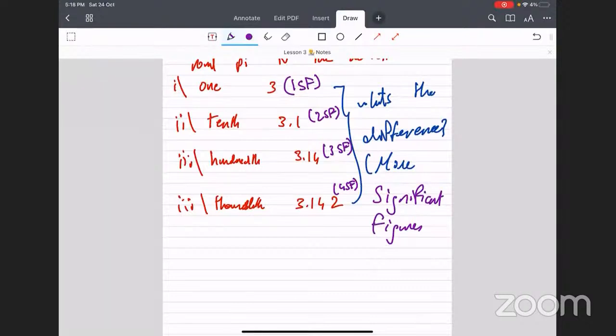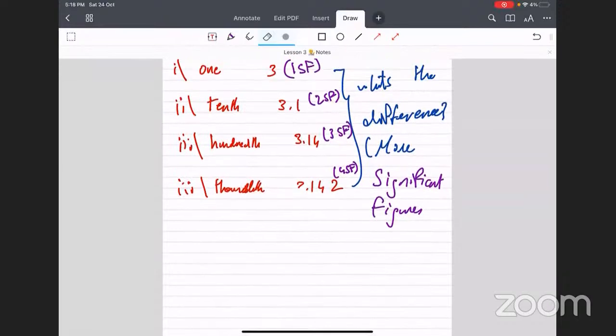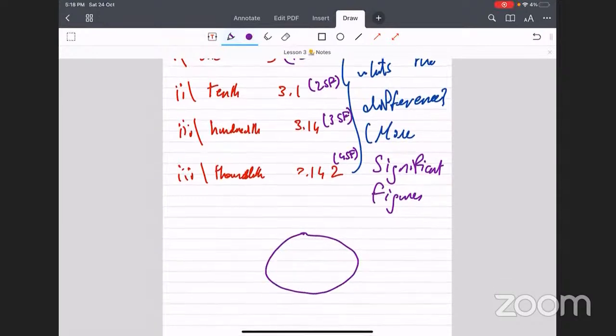So basically, numbers can be approximated to a given number of significant figures depending on how much accuracy I need. For example, if we need to calculate the circumference of a table that you have in your home, is it very important that we calculate it very accurately?